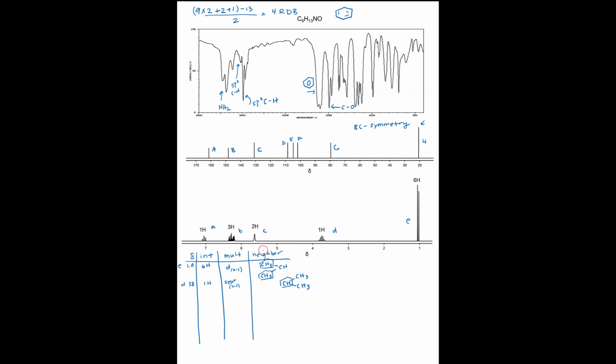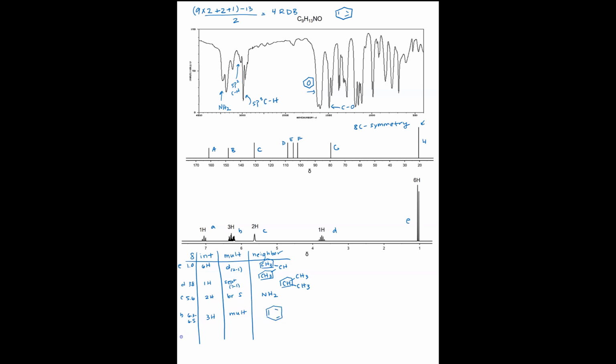At 5.6, there's a 2H and it is a broad singlet. This is probably my NH2 that I saw in the IR. At B, this is 6.3 to 6.5, we'll say 3H. It's kind of a mess. I'm going to call that a multiplet. These are our benzene protons.